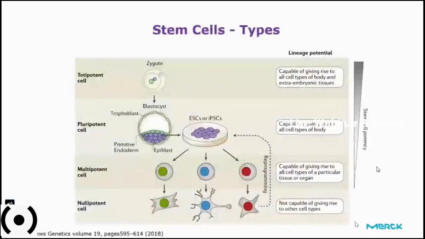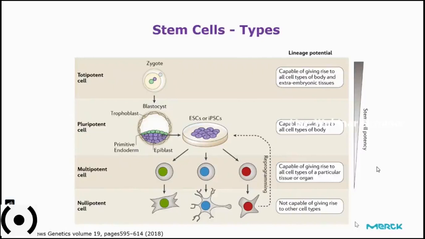Now, as you can see in the picture, the cells in our zygote are totipotent because they are capable of giving rise to any cell type, both embryonic and extra embryonic tissues. Only cells in the zygote are totipotent. But once the blastocyst is formed, inside the blastocyst there is an inner cell mass, which is made up of embryonic stem cells.